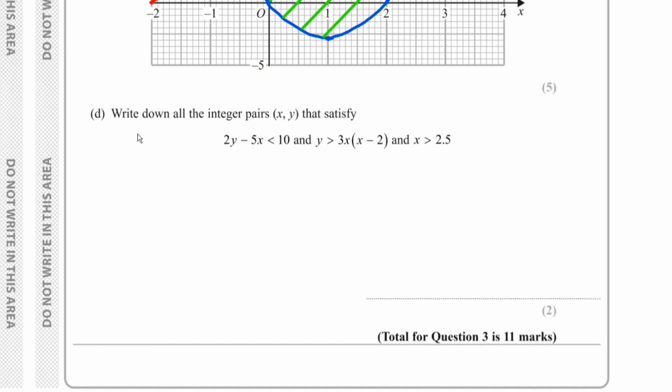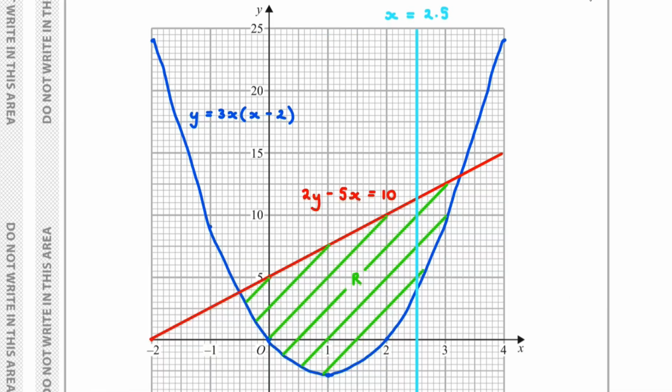Part D. Write down all the integer pairs in the form x, y that satisfy 2y subtract 5x is less than 10 and y is greater than 3x multiplied by x subtract 2 and x is greater than 2.5.